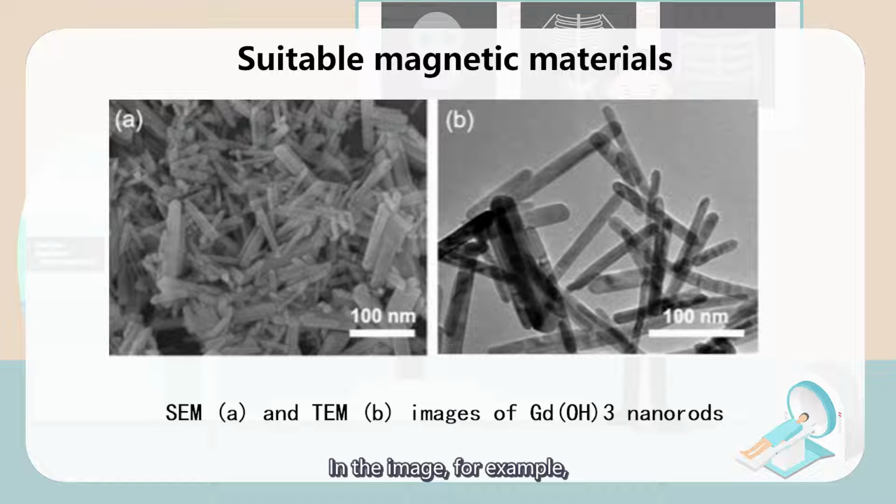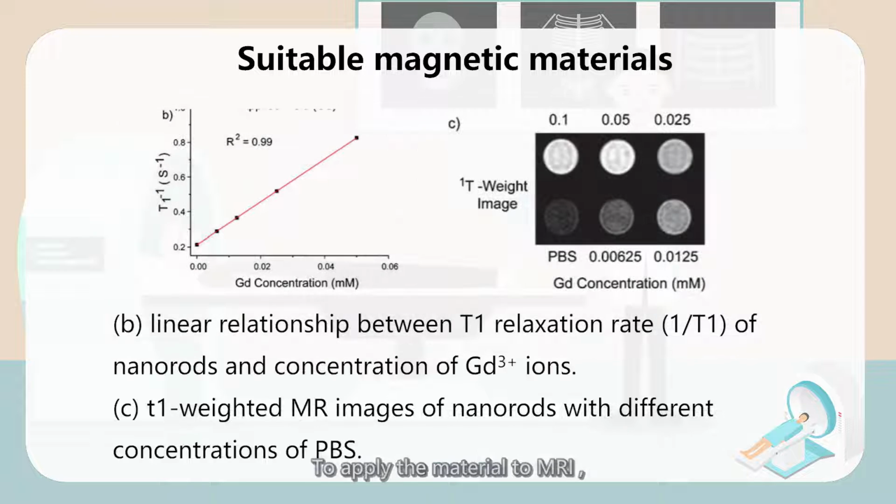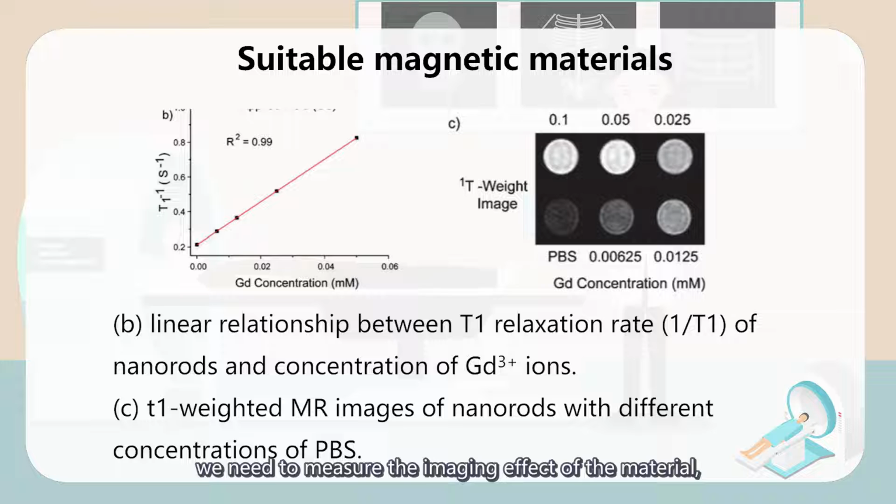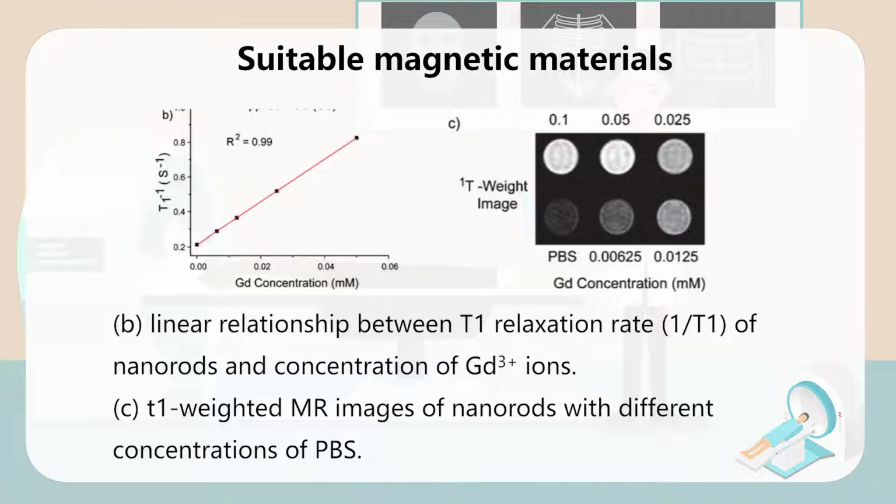So in the image, for example, there is the gadolinium nanorod with C on the left and T on the right. According to the ruler, its particle size is about 100 nanometers. To apply the material to MRI, we need to measure the imaging effects of the material, namely its relaxation rates.